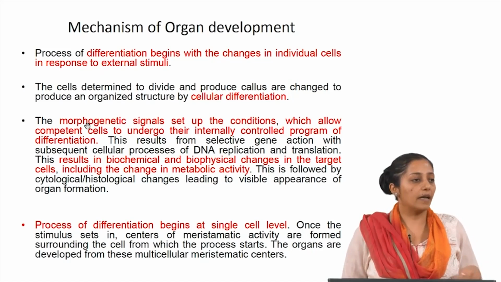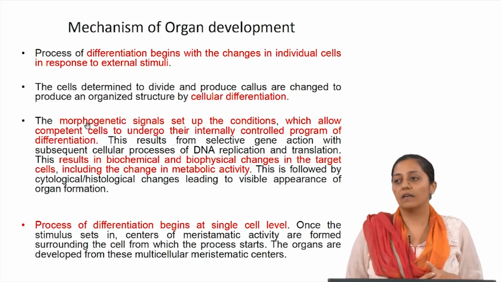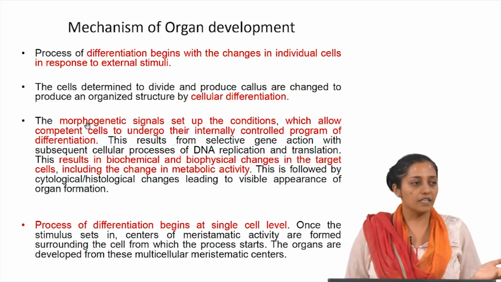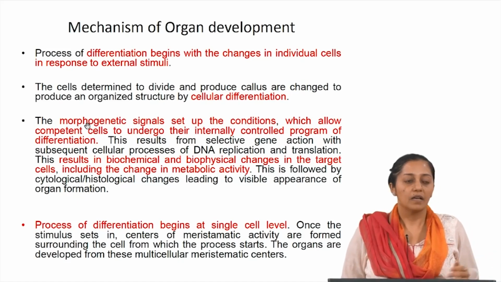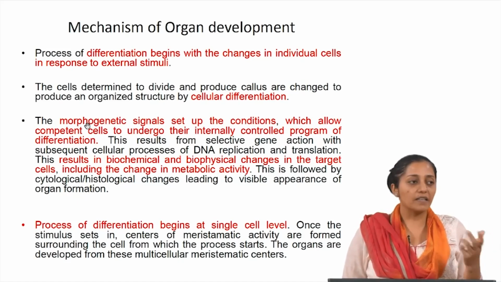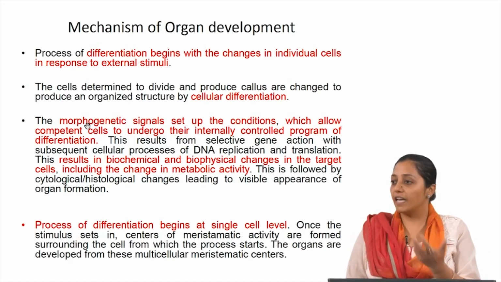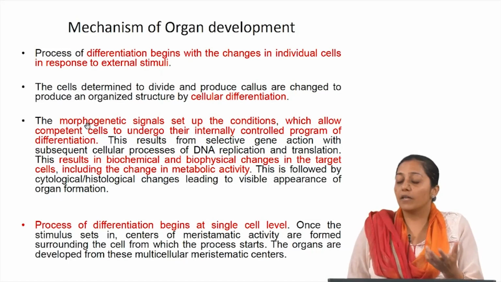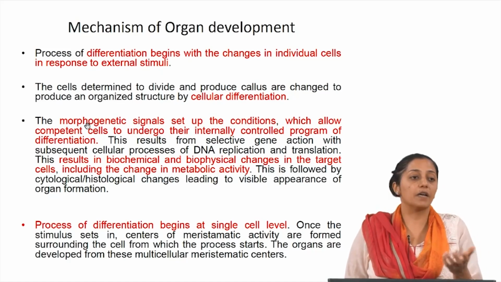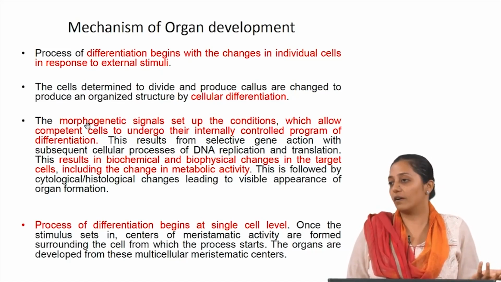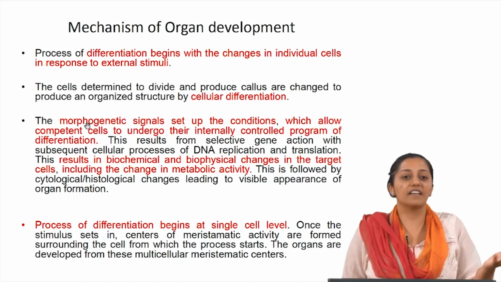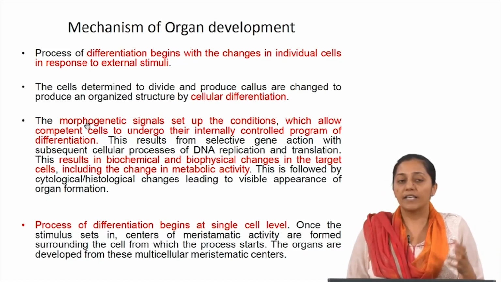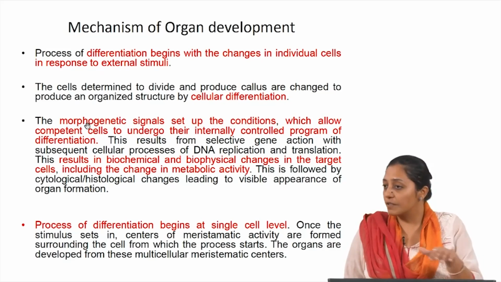Sometimes you may try out many hormonal combinations, but you will see that you are not getting successful organogenesis. Which means it depends on the nature of the explant, the age of the explant, the season in which you have collected the explant. The cells in that explant may not be competent for coming back to a meristematic state and then re-differentiating. It also depends on the environmental conditions you have given.